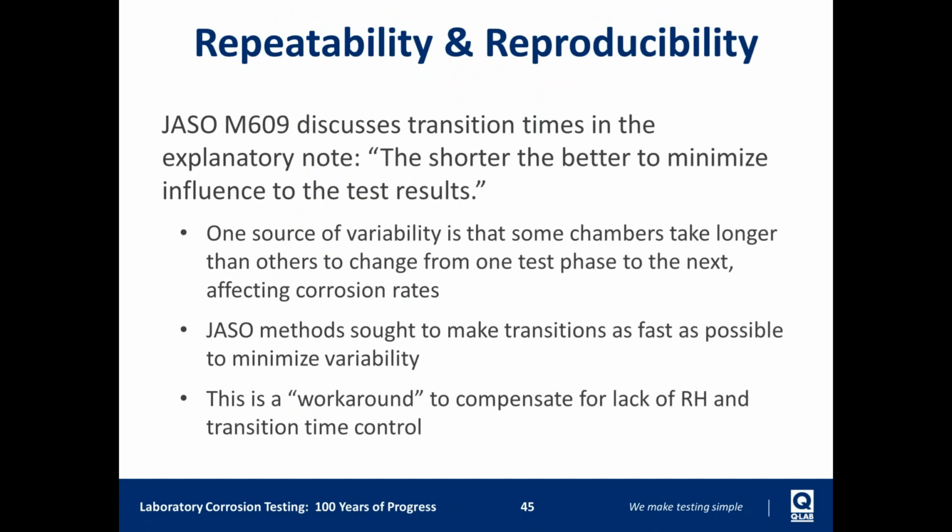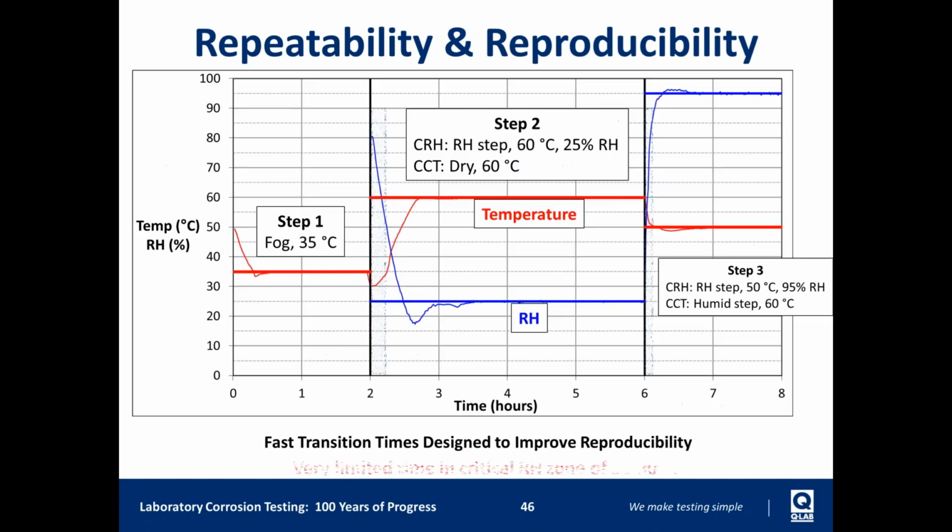So as mentioned, JASO decided, because the equipment available didn't really have the ability to do these linear ramps, the idea is let's do it as quickly as possible. That way, we're only talking about a difference of maybe 5 to 10 minutes in that non-galvanic region.